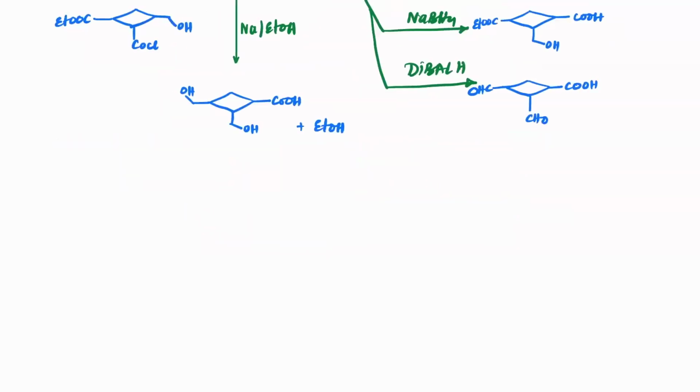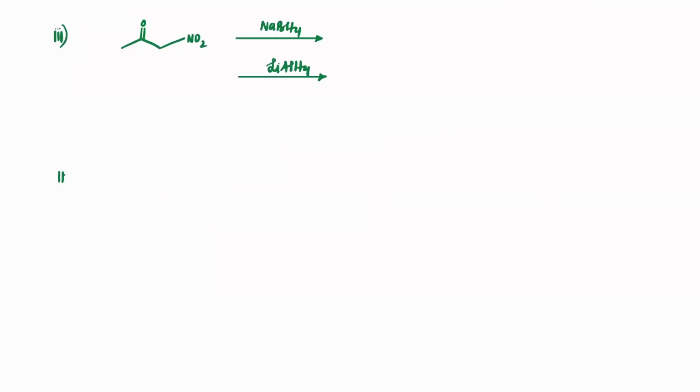See this question now. What if you have a ketone on one end and NO2 on the other end, and you are treating this with NaBH4 and lithium aluminum hydride? Keep solving it, everybody. Next, the third one.